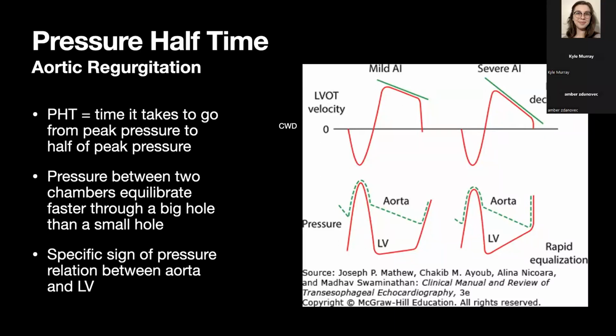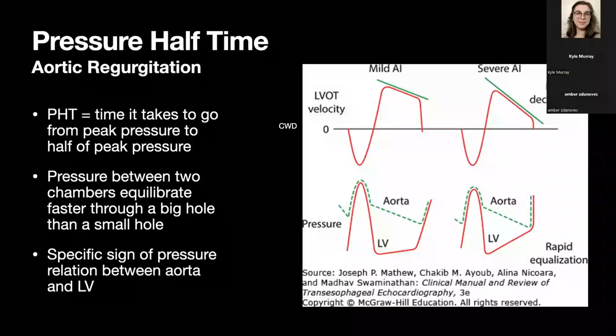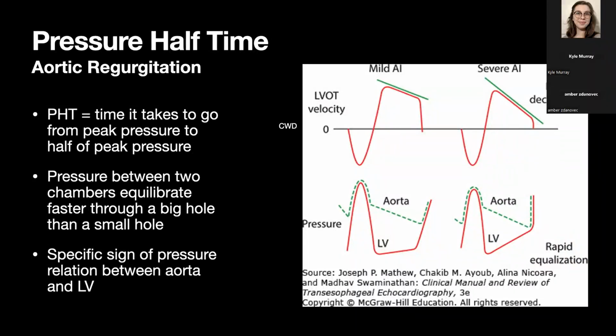If you have a tiny hole, is it going to take longer or slower for the pressures to equalize? Longer. That's what pressure half-time is. A longer value means it takes longer for the pressures to equalize. So it's going to be less regurgitation because it's a smaller hole. A bigger hole, it's going to equilibrate really quickly. So it's going to be fast.